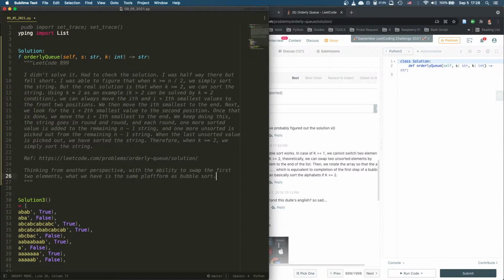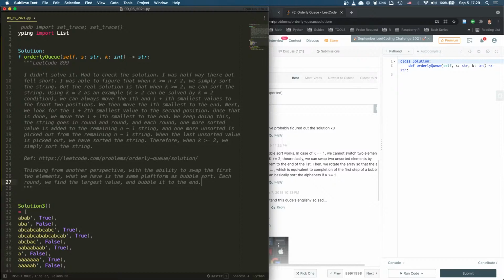Swap, and then we can bubble. We can bubble the biggest value to the end, and then look for the next one. Each round we find the largest value and bubble it to the end. Yeah, that's basically what it is.